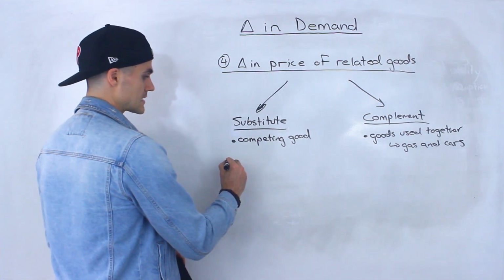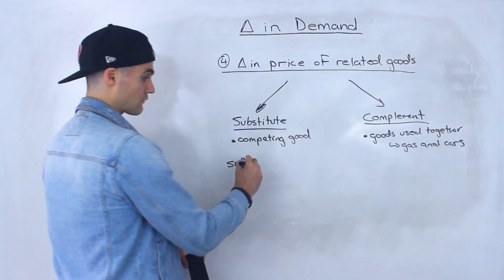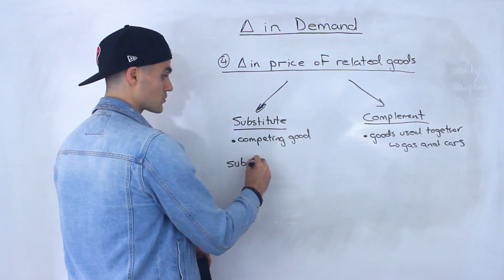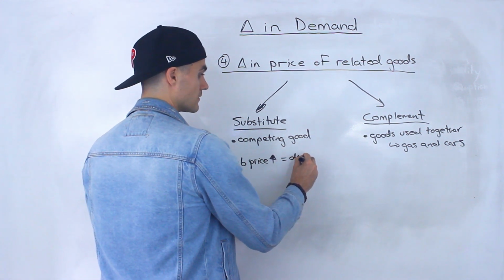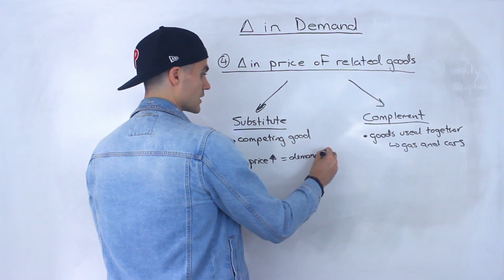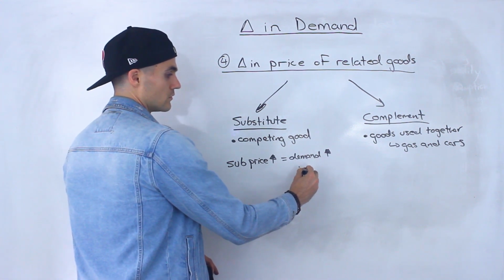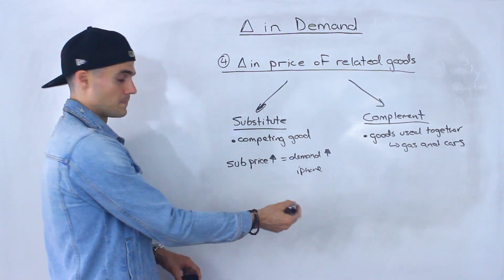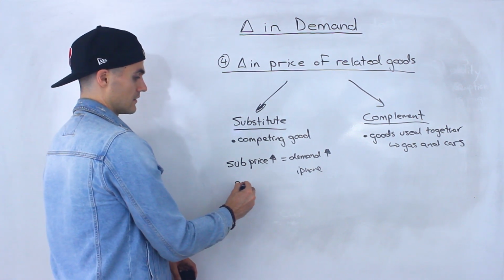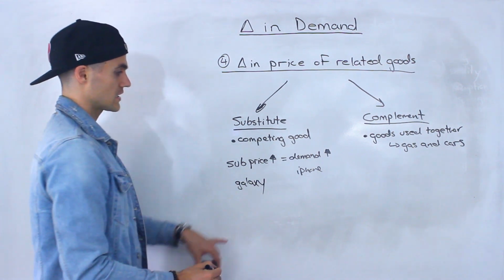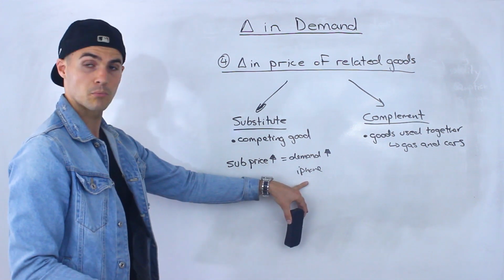So what happens is that if a substitute good, if their substitute price goes up, then your demand is going to go up. Okay, so let's say that you're making the iPhone, you're Apple, and then you're competing with the Samsung Galaxy. Well, if Samsung, for some reason, decides to jack up their prices a lot, well, a lot of people are going to just start buying iPhones.